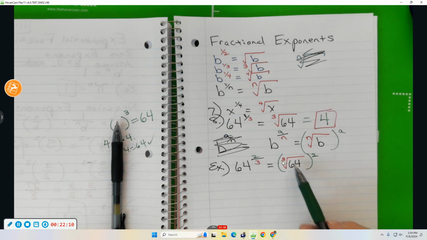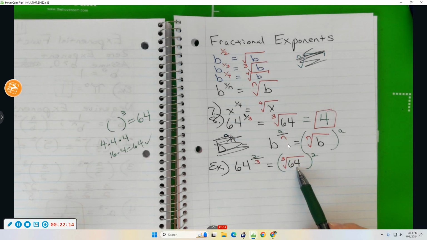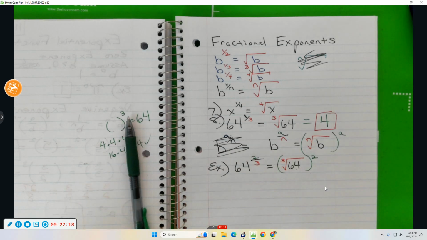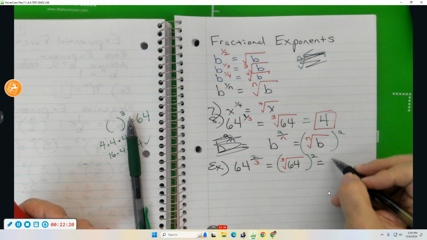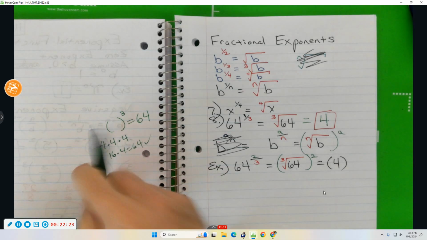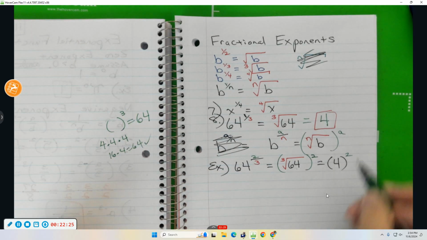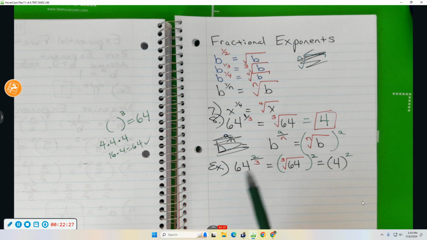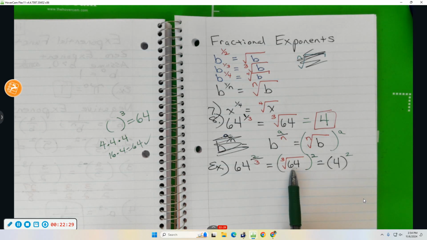Because what's the cube root of 64? We've already figured that out. The cube root of 64 was 4. We got a 4. Now we have that 4 squared. The 3 says take the cube root of 64.